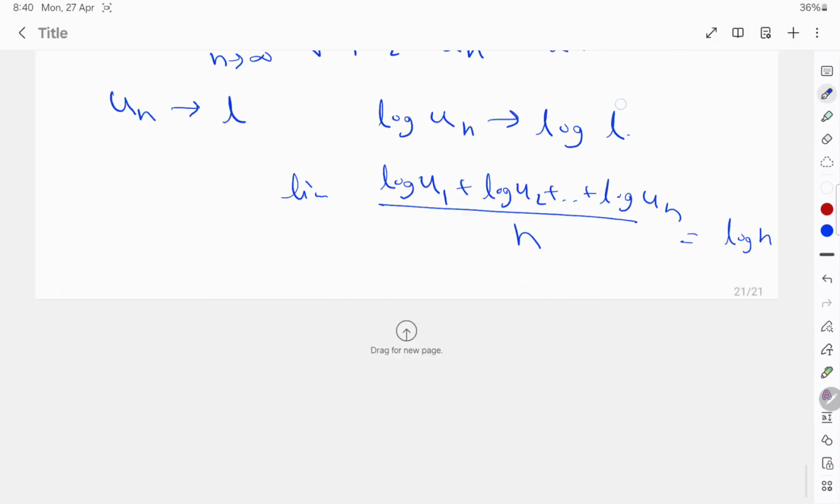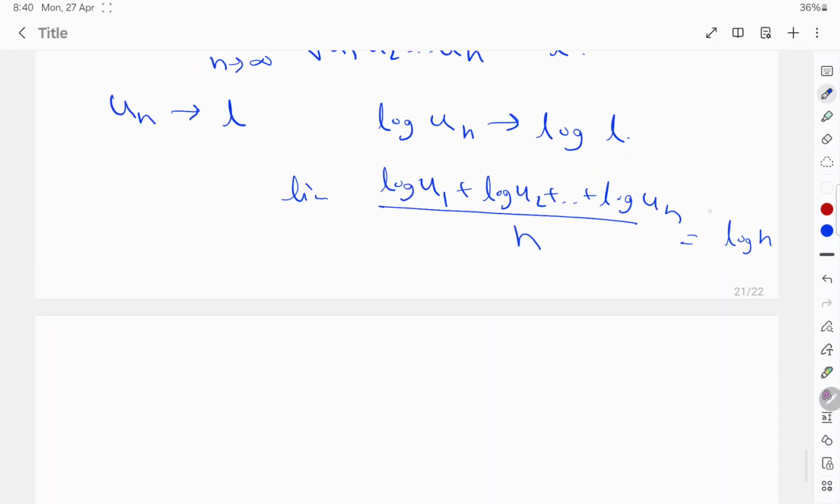Now if you use that logarithm property, above you have log of u1 u2 dot dot u_n, right, and here you have 1 by n. So this 1 by n actually inside the log is going to the power above, right, 1 by n.